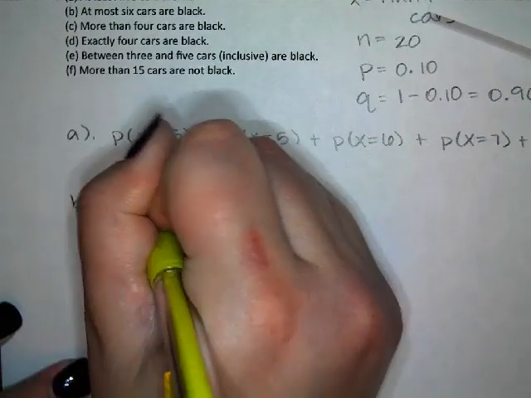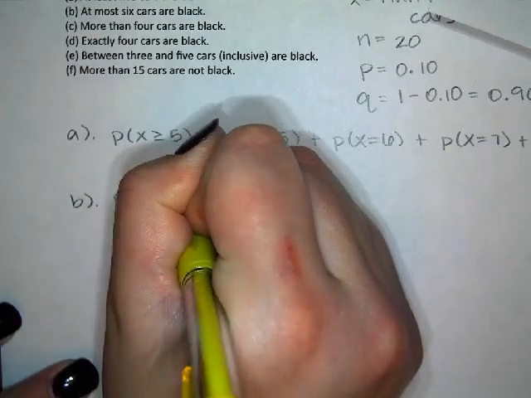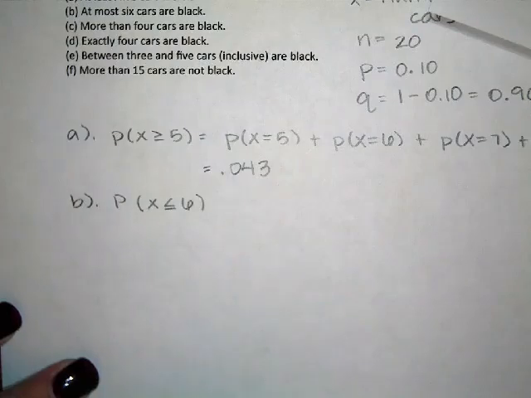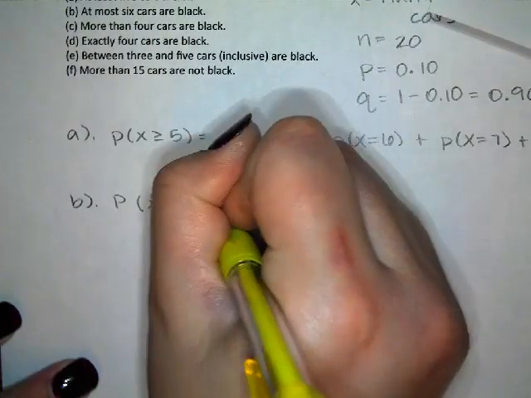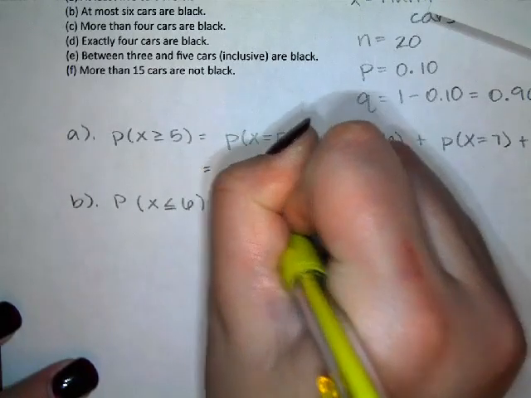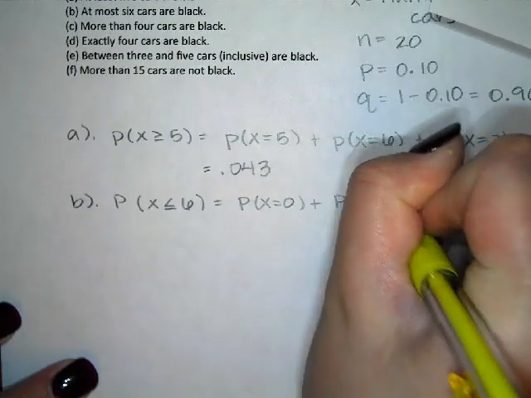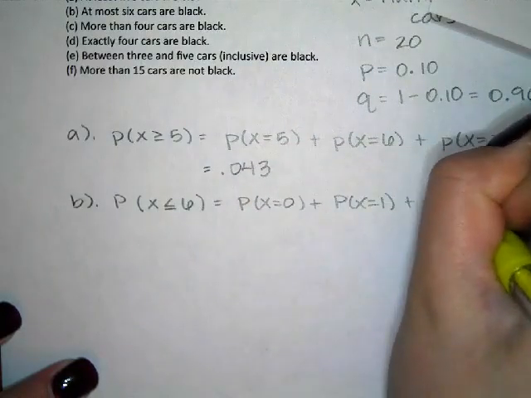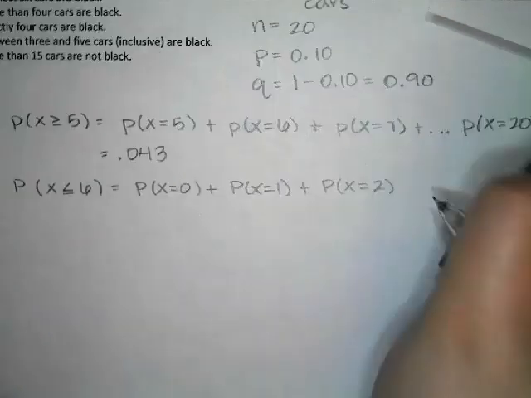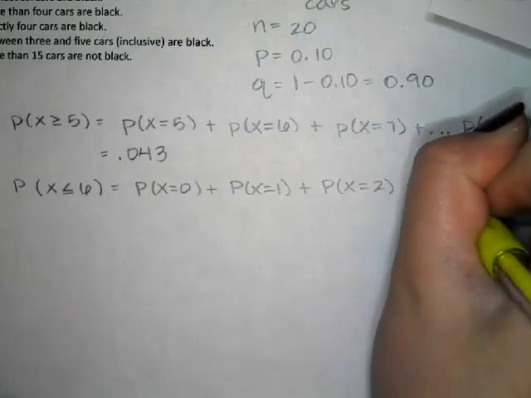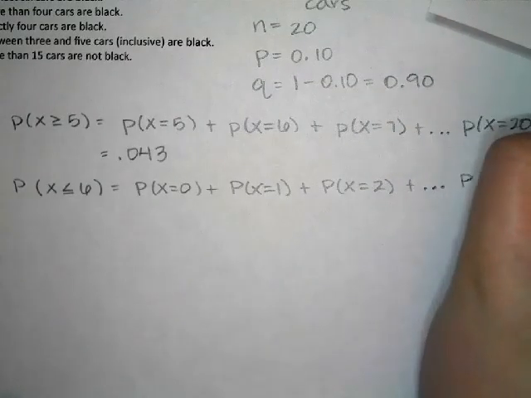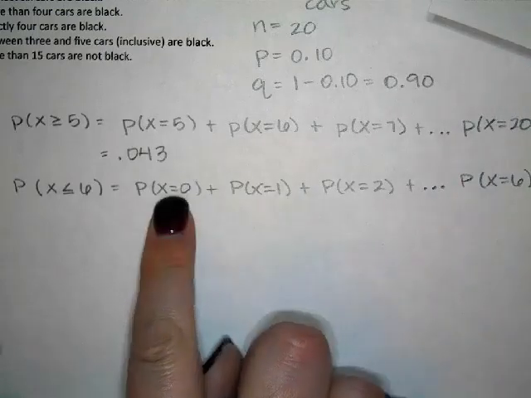Next, find the probability that at most 6 cars are black. So that would be less than or equal to 6. This is 0 cars, 1 car is black, 2 cars could be black, all the way up to exactly 6, but no more than that. So from 0 cars all the way up to 6.